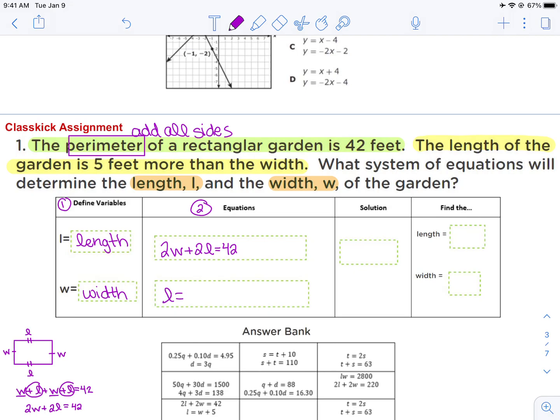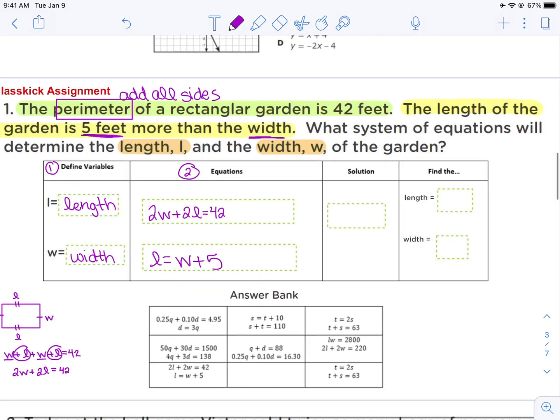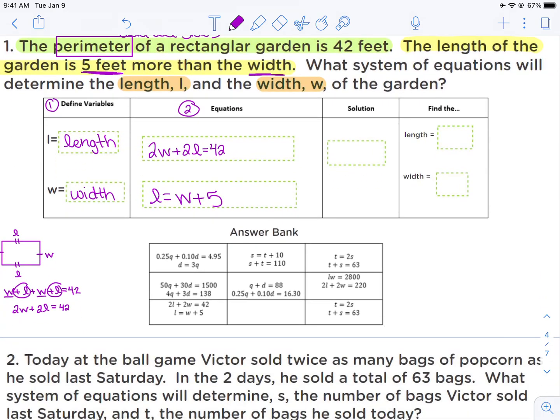It says that it's 5 feet more than the width, which means I have the width and I'm going to add 5 feet. Width plus 5. If I look at the answer bank, it looks like I'm right because that would be this one right here, which means at least we know it's on the list.